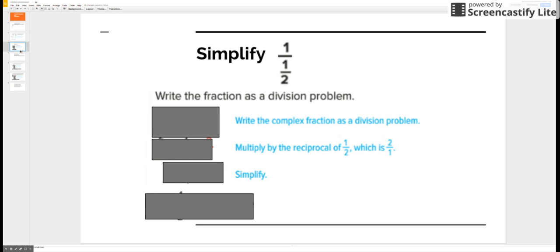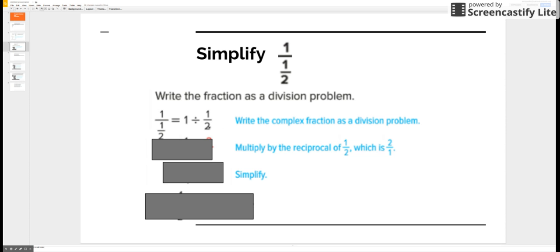Okay, so here is our next example. We have simplify 1 over 1/2. It says write the fraction as a division problem. So that's what we're going to do first. 1 divided by 1/2. Right? And then we're going to multiply by the reciprocal of 1/2, which is 2 over 1.